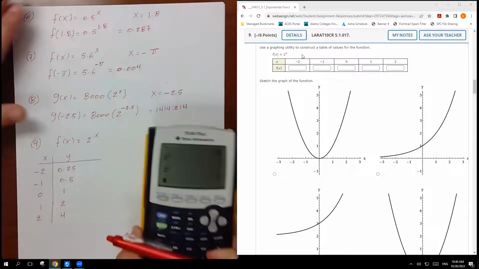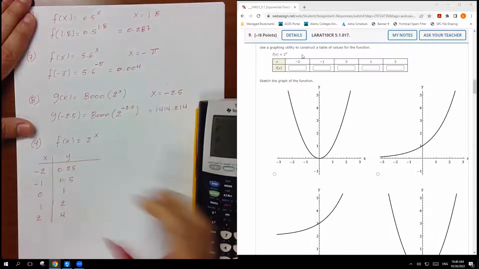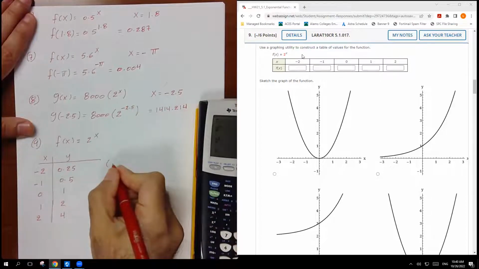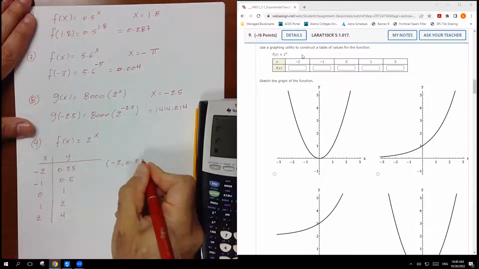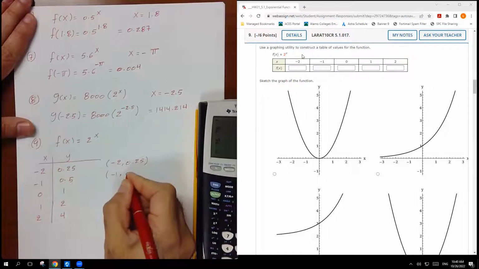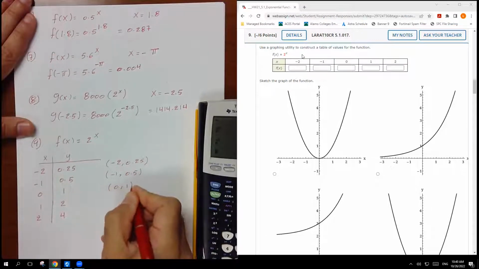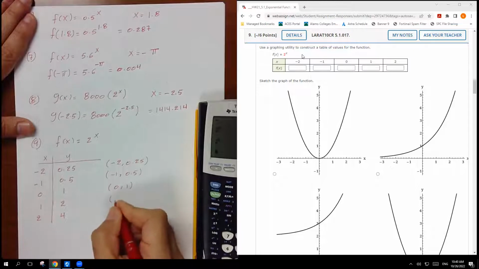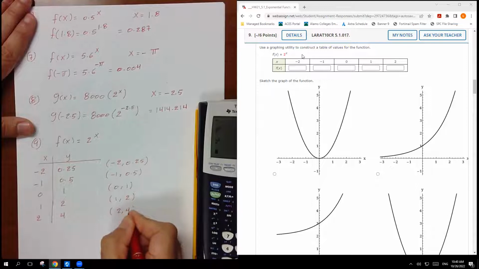And at the same time, I can graph these points because now I have points, which is -2 and 0.25. The second point is -1 and 0.5. The third one is 0, 1, which is the y-intercept, and 1, 2, and 2, 4.